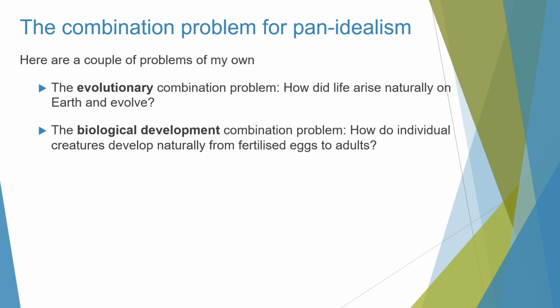Here are a couple of combination problems of my own. First, the evolutionary combination problem asks, how did life arise naturally on Earth and evolve? Second, the biological development combination problem asks, how do individual creatures develop naturally from fertilized eggs to adults?